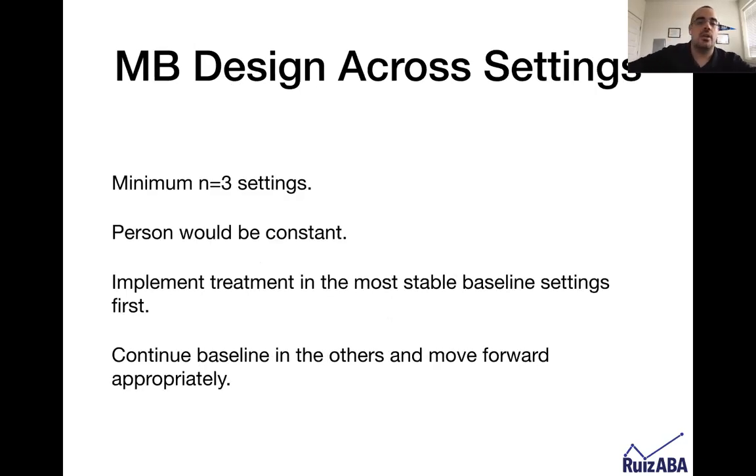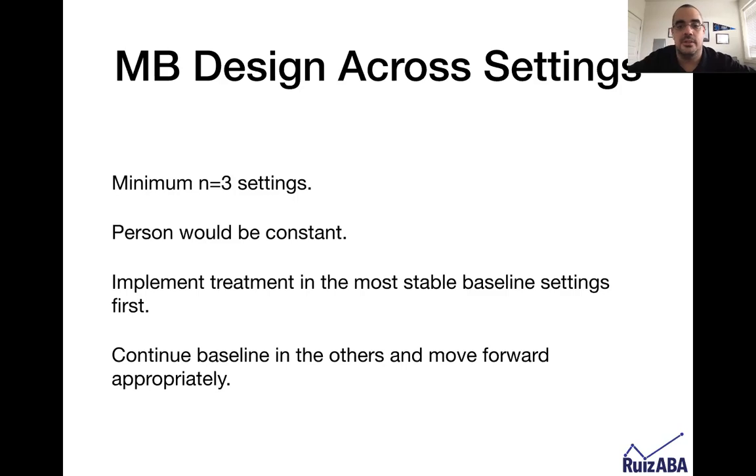A multiple baseline across settings would follow similar rules. So you want to have a minimum of 3 different settings where you're intervening to really demonstrate a strong functional relation. And the person would be constant. So it would be 1 person across multiple settings, likely the same behavior. But you would implement the treatment in the most stable baseline setting first. So let's say you're doing an intervention in reading class, math class, and science class.